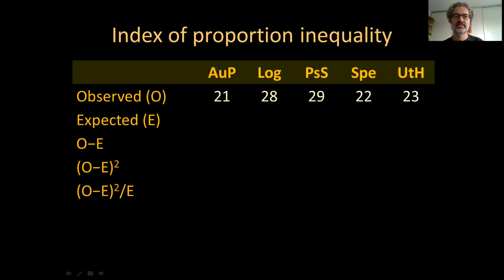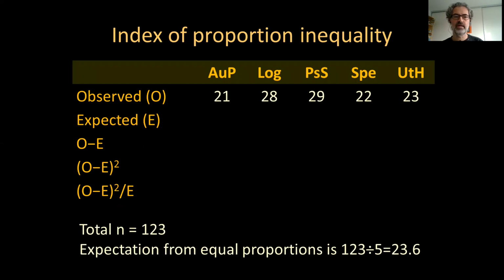We're going to form the same table. These are our 5 study tracks, and the observed counts are here. The total number of students is 123, just adding all these up. So, assuming equal proportions, the expected counts would have been 123 divided by the number of categories, which is 5, and that's 24.6.